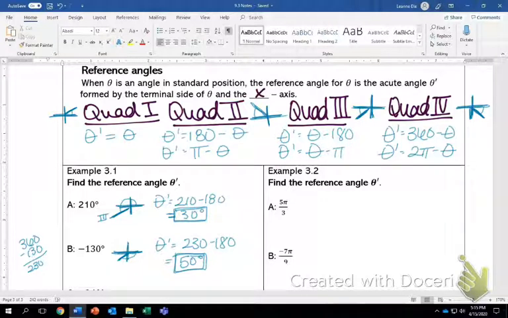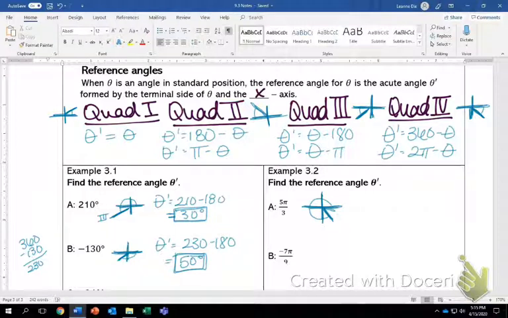Letter A says 5 pi over 3. I'm going to go ahead and draw my coordinate plane, and 5 pi over 3 is in the 4th quadrant. Because I'm in the 4th quadrant, I can think about it one of two ways. I can ask myself, how much farther do I have to go to get to 360?